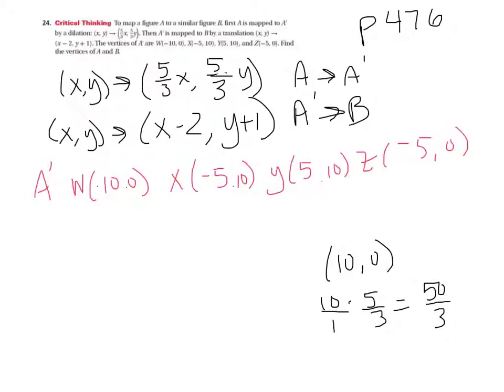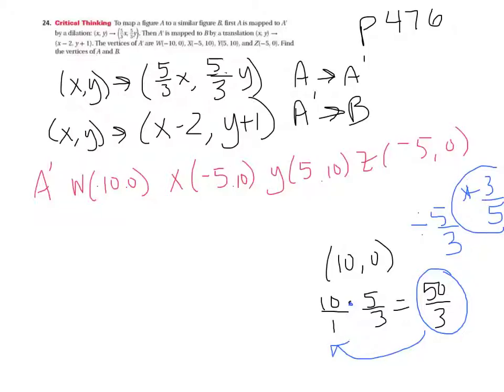But the scenario I really have now is that I am given the result after I have multiplied by 5/3. So in order to go backwards, I don't want to multiply by 5/3. I want to divide by 5/3. And when we divide fractions, we actually multiply by reciprocals. So I need to multiply everything by 3/5 to go backwards to A.